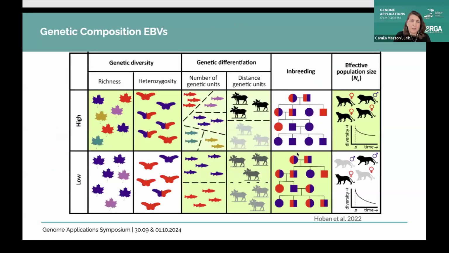So going more specifically now to the genetic composition EBVs, the GEO BON group has come up with a set of essential biodiversity variables, four of them more specifically, namely genetic diversity, genetic differentiation, inbreeding, and effective population size, with the idea that in combination, this will help us understand what is happening in terms of the internal variability of populations. So are they being kept? Are they being lost?